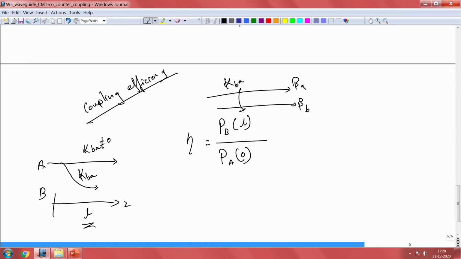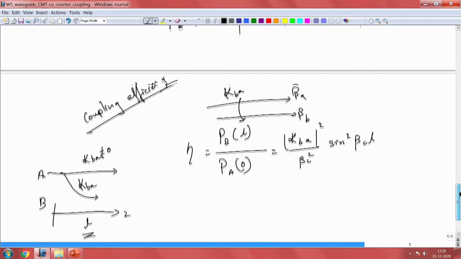And as you can see, this is a function of length, okay. So, what is the power of B at a certain length over the power of A when you started. So, how much power is being coupled is given by this relationship, and we can give this by using this relation that we just saw earlier, or rather I will just put L. L is the interaction length you saw here.